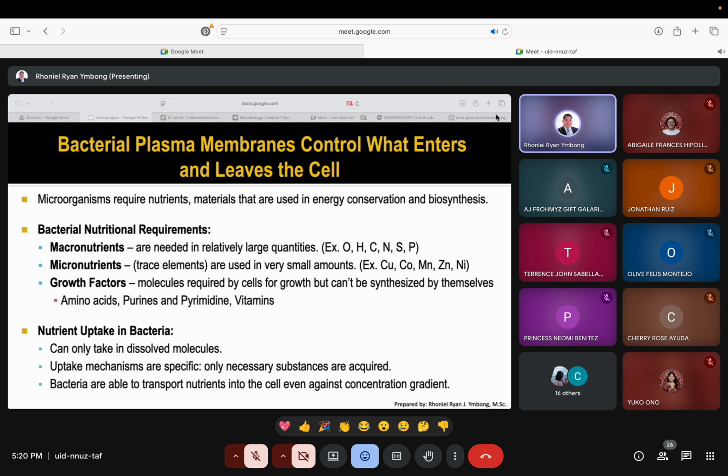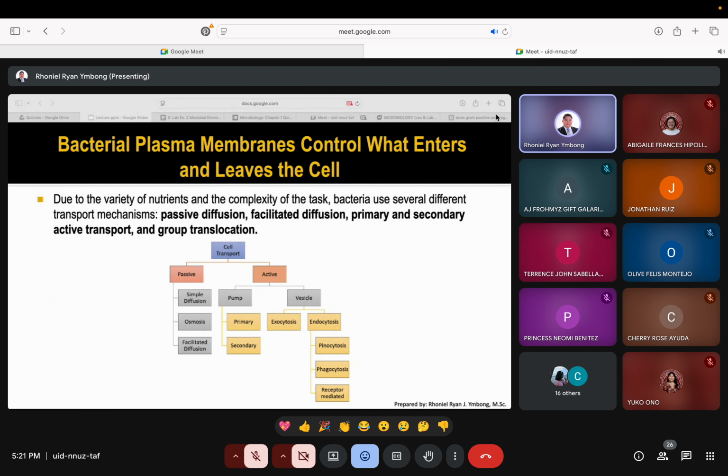And when we look now at material transport for our cell, you have basically passive and active transport, no? The main difference between passive and active, just a refresher, is that in passive, materials tend to move from a region of high concentration to a region of low concentration.